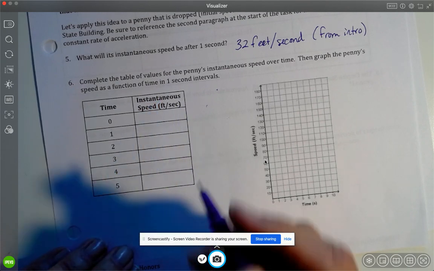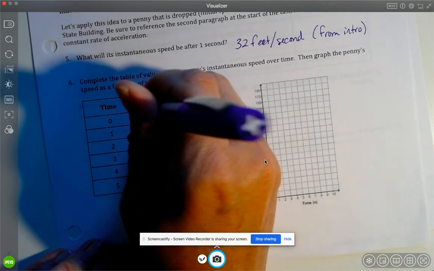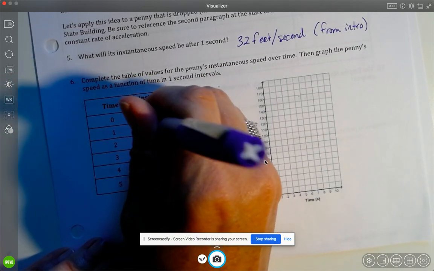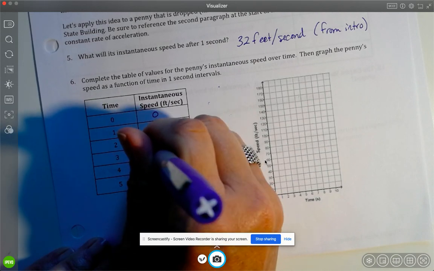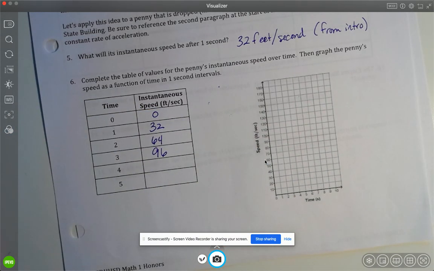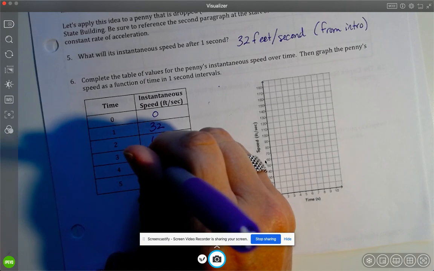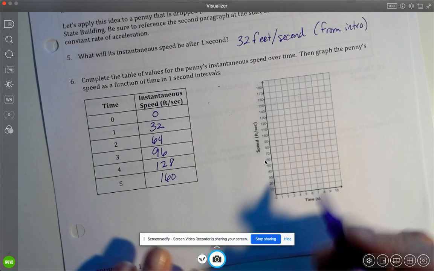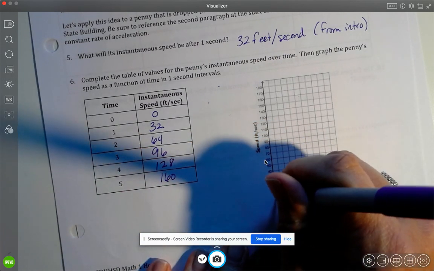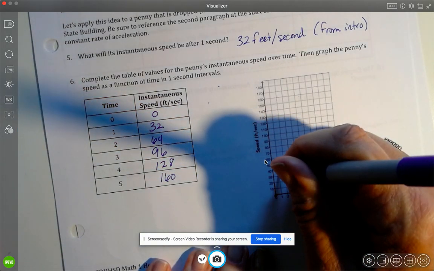Okay, so we have 0 seconds, speed 0; 1 second, 32; 2 seconds, 64; 3 seconds, 96; 4 seconds, 128; 5 seconds, 160, and then go ahead and graph it. So you have 0, 0, you have 1, 32. I mean, you really don't have to graph them all.